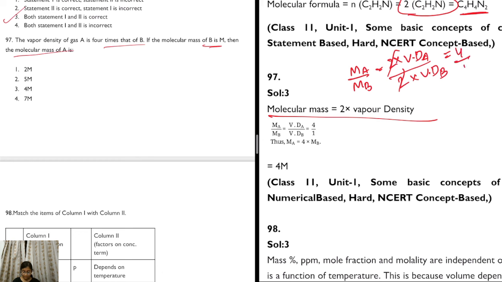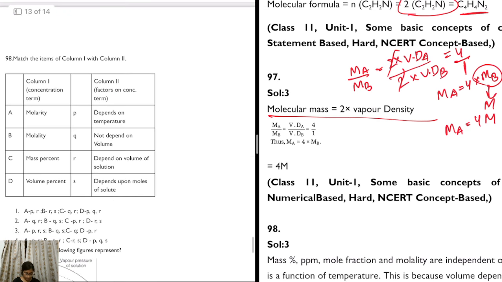So we have MA equals 4 into MB. It is given that the molecular mass of B is M, so MA would be 4M.